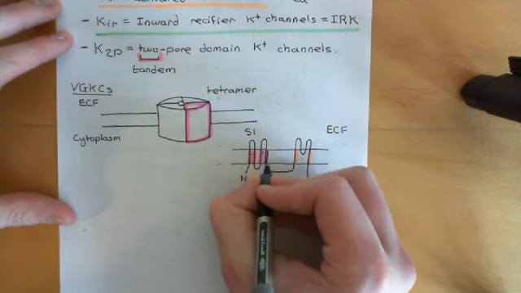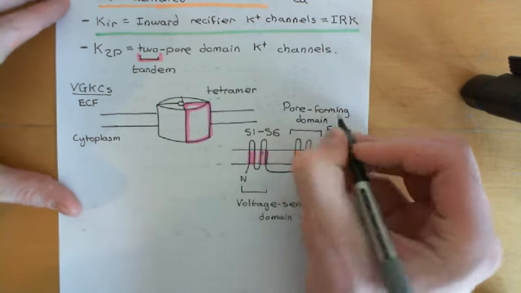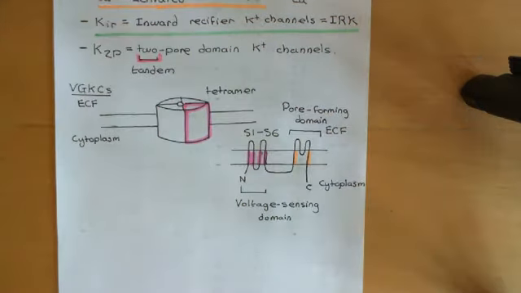Then these two membrane-spanning alpha helices, with the p-loop in between them, are what's known as the pore-forming domain. These are actually going to be separated in the structure of the voltage-gated potassium channel.